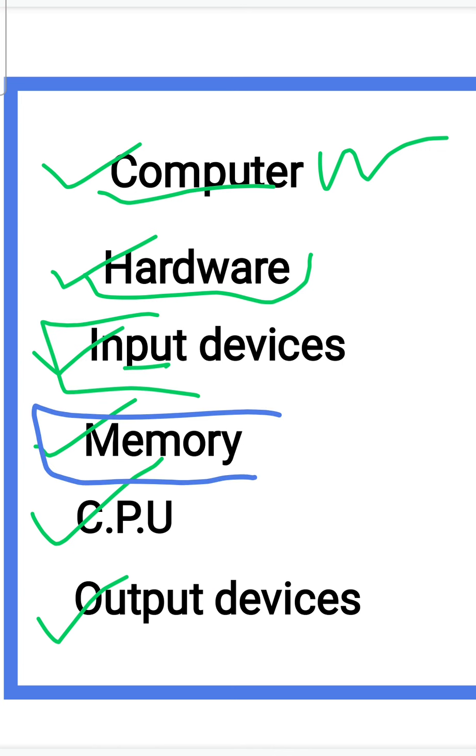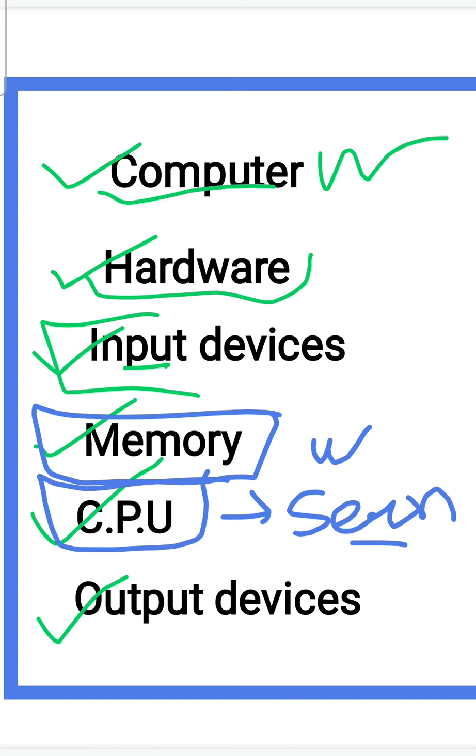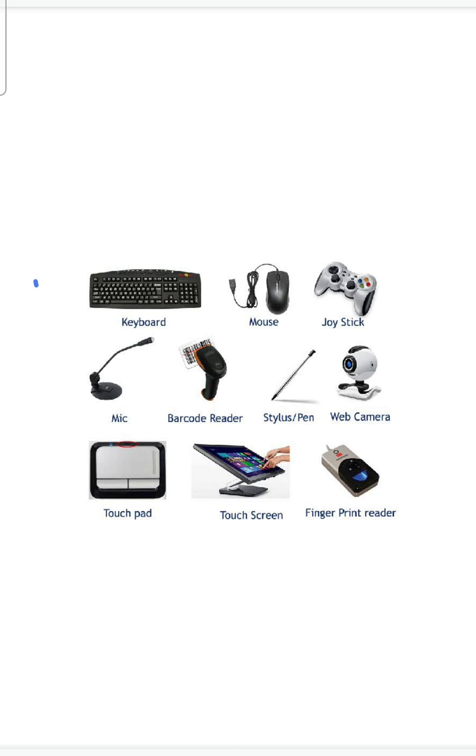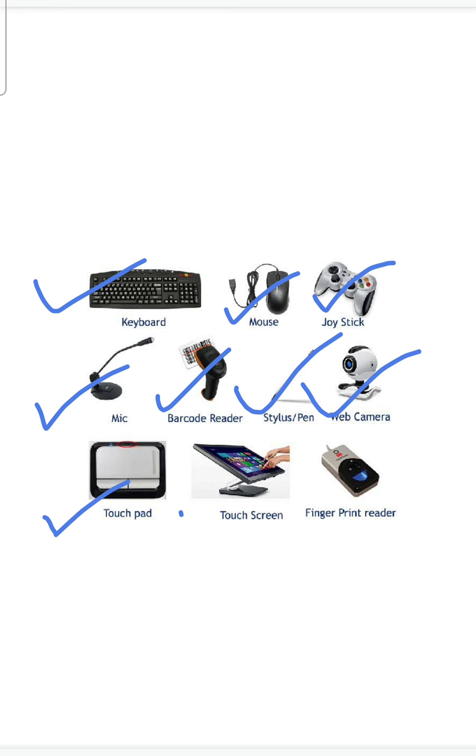Then memory, where all the information is written. CPU, by which all information is seen. Output devices, by which we can see the result. Those output devices are the monitor and the speaker. So here are some hardware: keyboard, mouse, joystick, mic, reader pen, web camera, touchpad, touch screen, fingerprint reader.